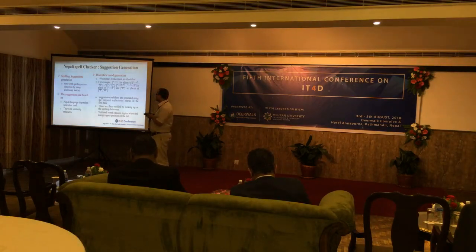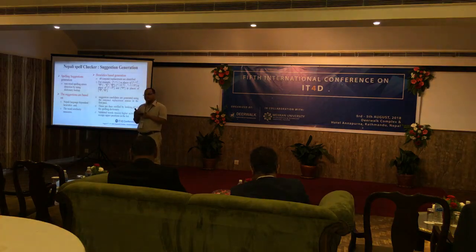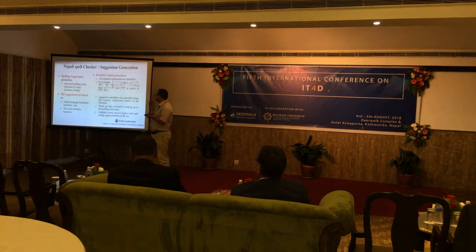We generate spelling suggestions in two steps. Basically, first we use language-based heuristics, meaning people tend to make mistakes on Chandrabindu, Seribindu, Baimatra, Vaina, Talpure, Bardani. We use those heuristics to generate candidate words in the first step, and then in the second step we use anagram-based vector distance measurement.